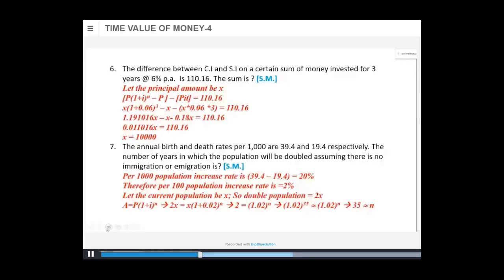Definitely in the ABCD options, you will not have both 35 and 36. If the options have 35, select 35; if 35 is not there but 36 is, then 36. They won't give both 35 and 36, they know or we know. It can go a little here and there. I'll tell you what options you may have.